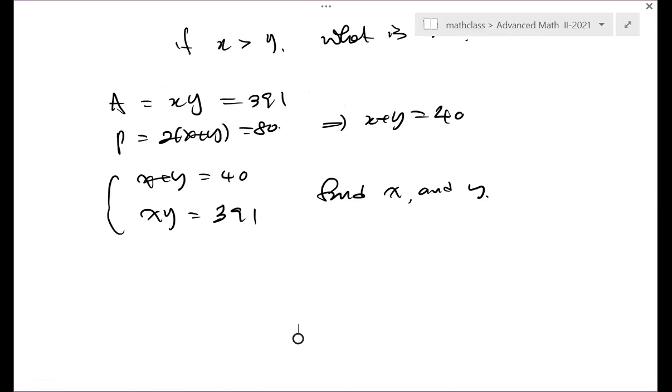Okay, are you able to find the larger value of x? That's my question. This is an algebraic problem now, right? What is the best way to solve this?